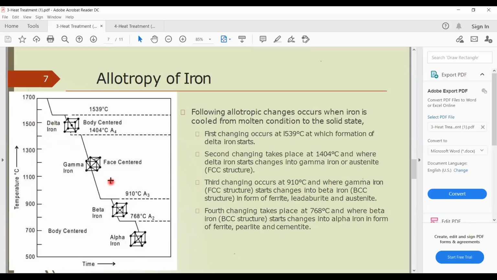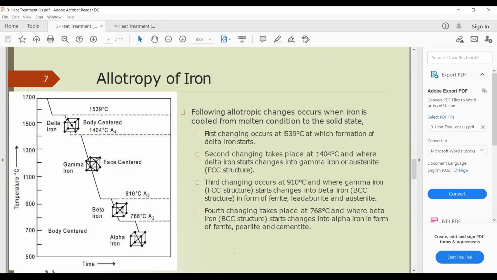The second change is at 1404 degrees Celsius, where delta iron starts changing into gamma iron, right? The third change occurs at 910 degrees Celsius, where gamma iron starts changing into beta iron. The fourth change takes place at 768 degrees Celsius, where beta iron starts changing into alpha iron.